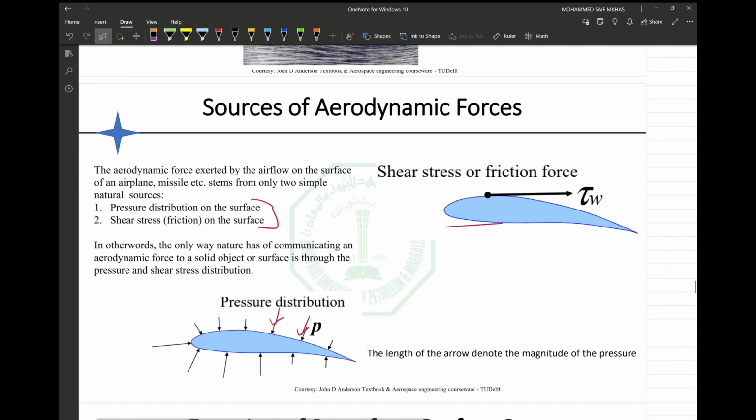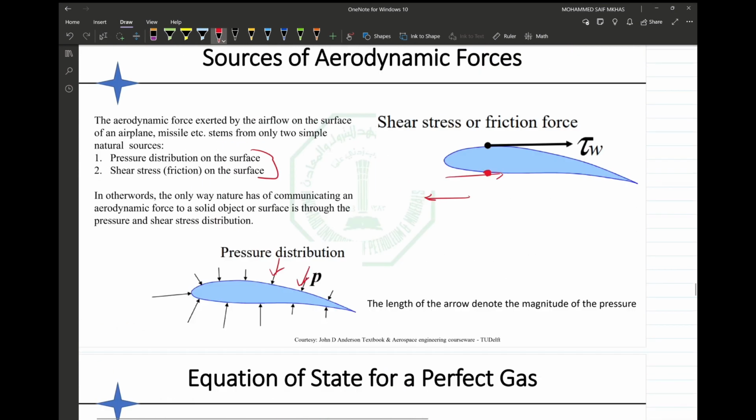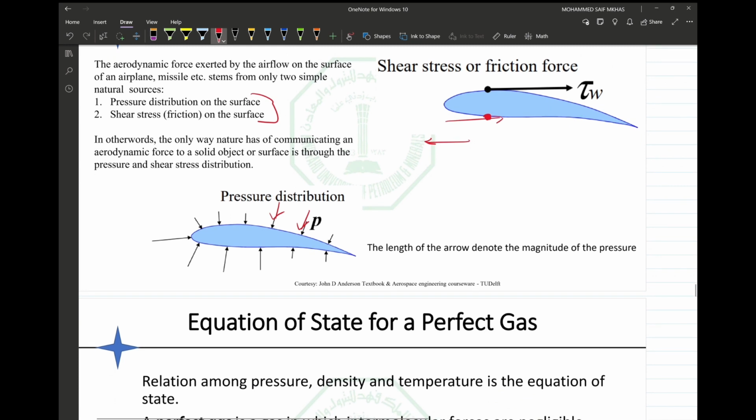When an air particle goes along the airfoil itself, it has some frictional force, so it will reduce the speed of the airfoil, or the airplane itself, going forward. Also, here is the note: the length of the arrow denotes the magnitude of the pressure.